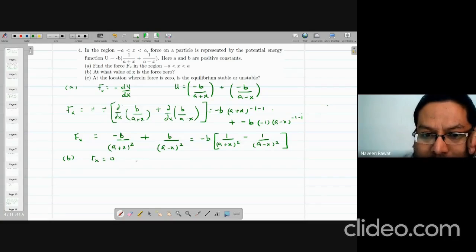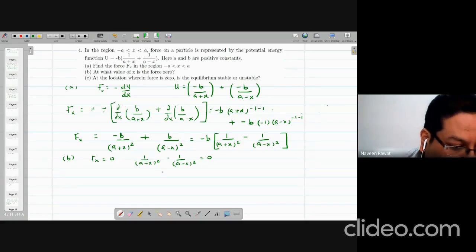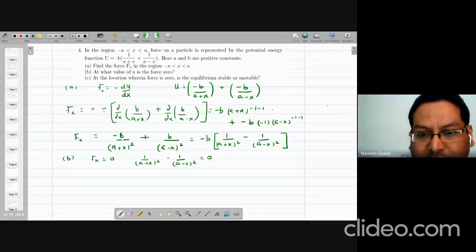So let's do that, and if we do that, then this constant b will disappear, and what you are left with is 1 by a plus x square in the first term, and then the second term will be 1 by a minus x square, and that is equal to 0. Again, we have to take the value of x where the force is 0, so then we can just solve it, right? So when will this term be equal to 0?